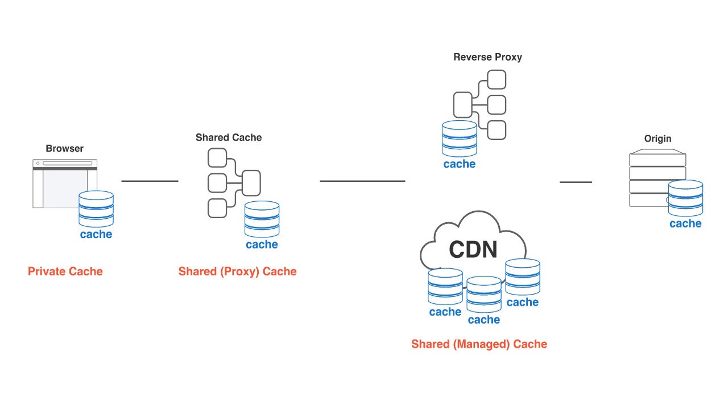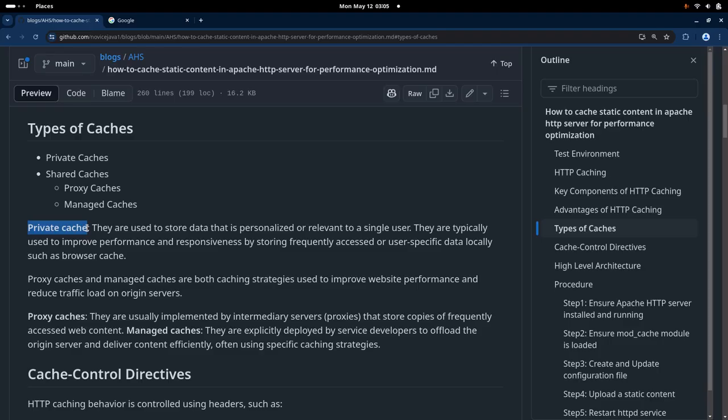So that is what managed cache is all about. So we have understood private cache, which is used to store the personalized content about the client. And proxy cache, as I said, is an intermediate cache that acts like a managed cache.